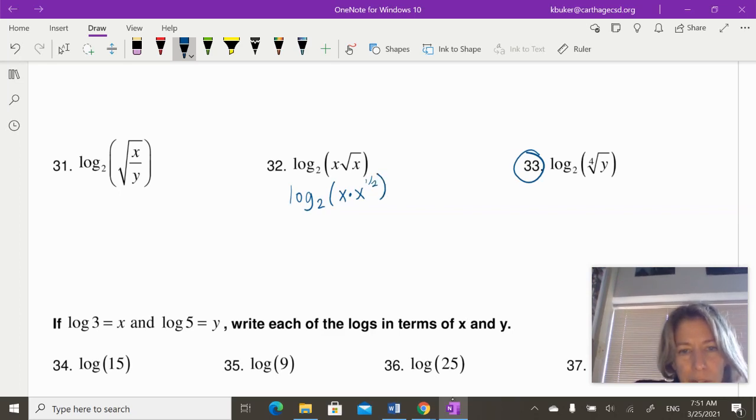So we can actually simplify this before we expand it. Since this is x to the first, and we're multiplying, we can add these exponents. So this is going to turn into log base 2 of x to the 3/2 power. And then since we have an exponent, we're just going to throw it out front. So that's going to be 3/2 log base 2 of x.